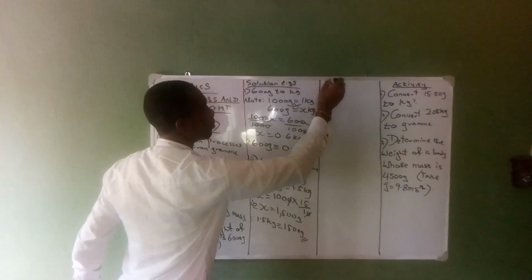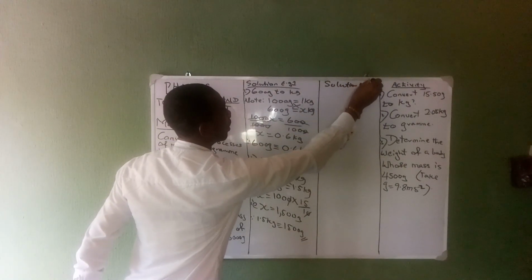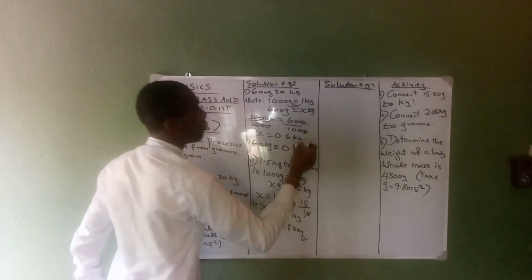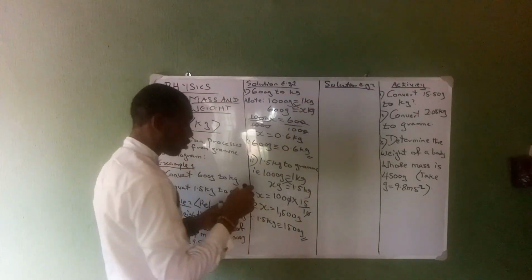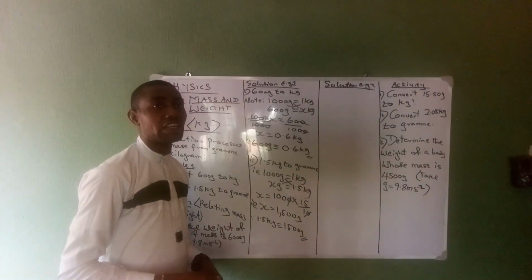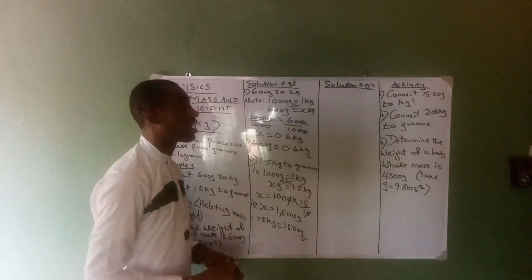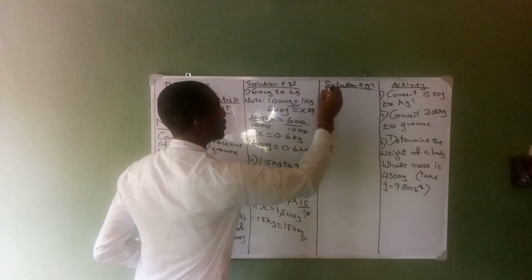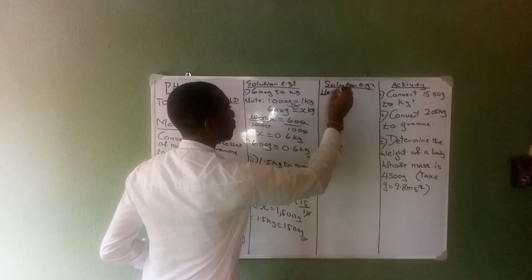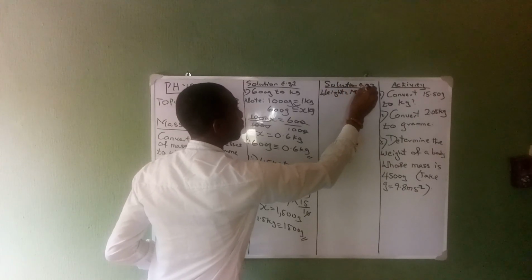Now the solution to example 2. Now we're meant to understand that weight is the earth pull of the body, which means it is operating under the influence of mass and what? And gravity. So we'll say that weight is equal to mg.